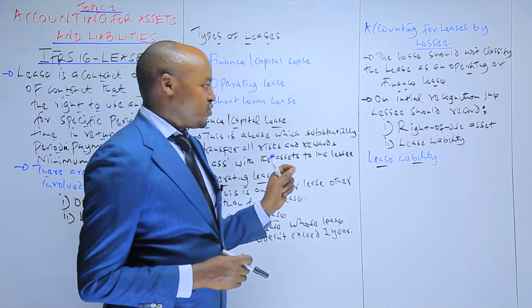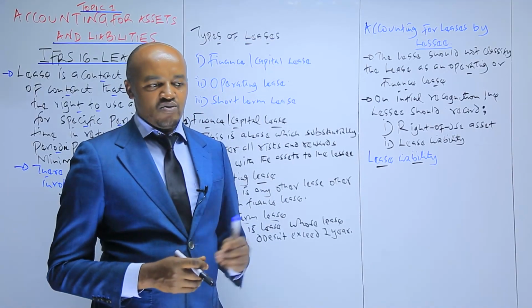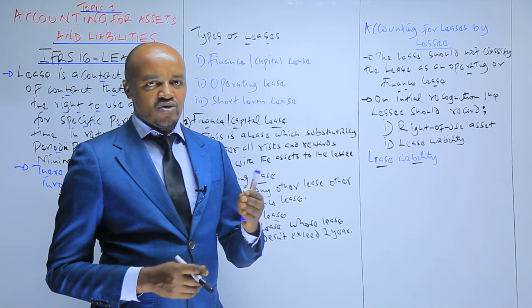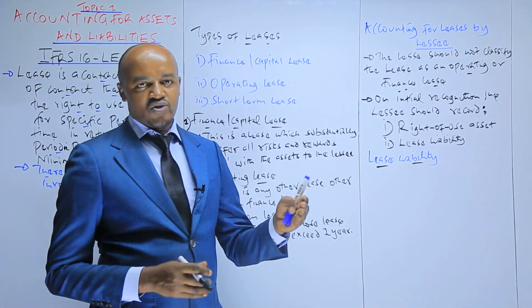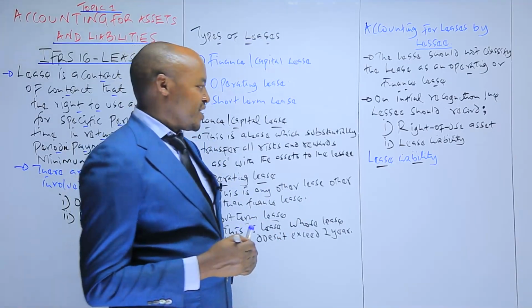So therefore, for you to be able to determine the lease liability, you have to get the present value of the minimum lease rentals you are going to pay over the lease term.